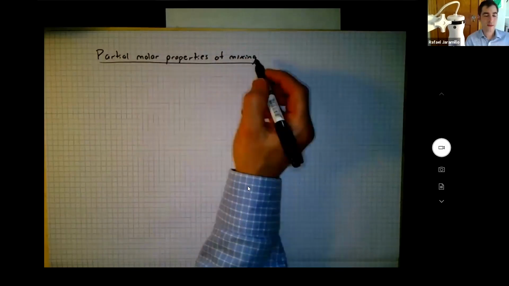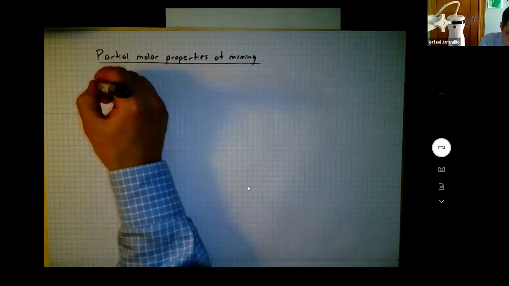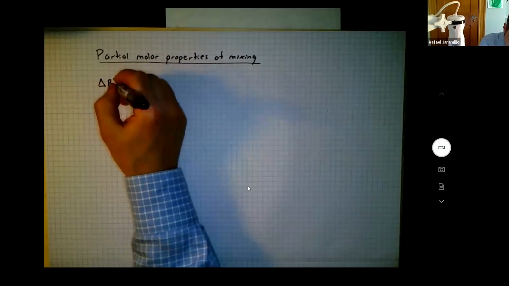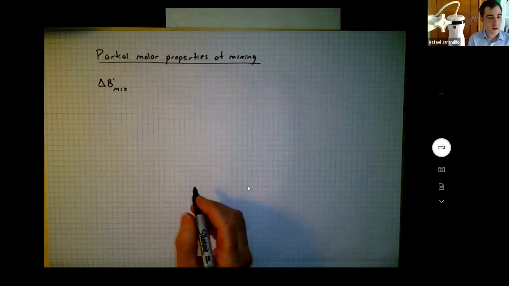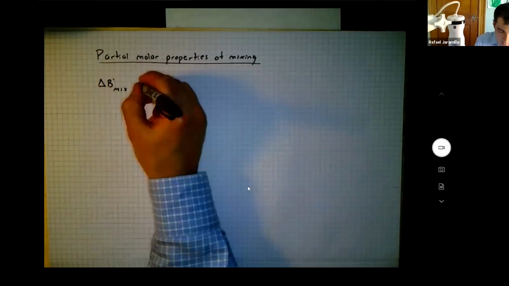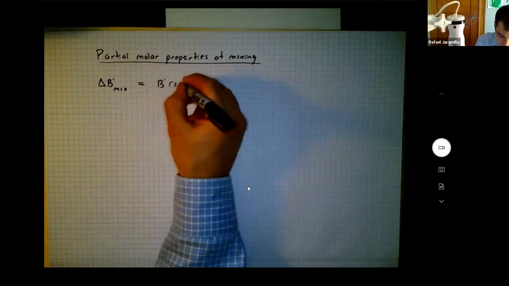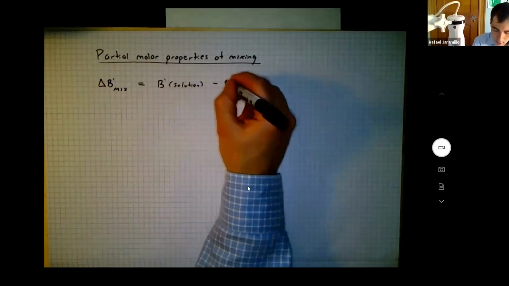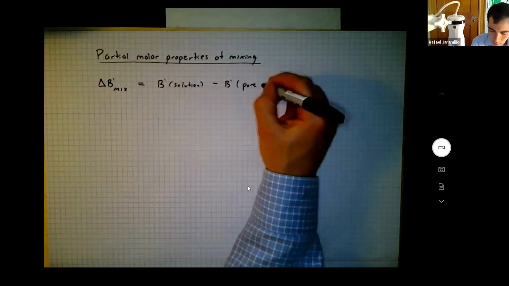And this is really like actuarial science. We just keep on coming up with these bookkeeping schemes. And we have to stick with it. So we're going to have something called the mixing quantities. So the change due to mixing is going to be the total quantity in the solution minus what you started with before you made the solution, the pure components.